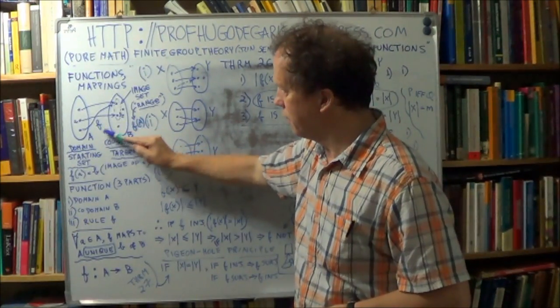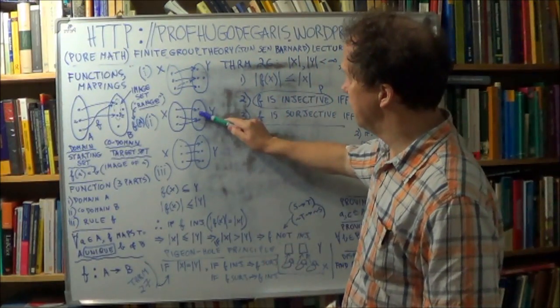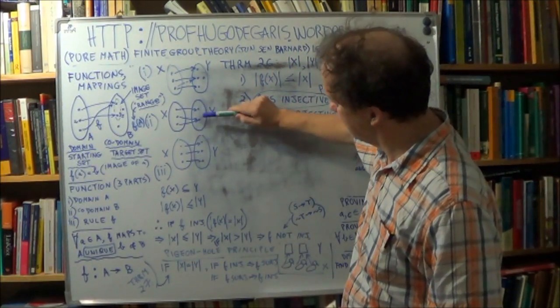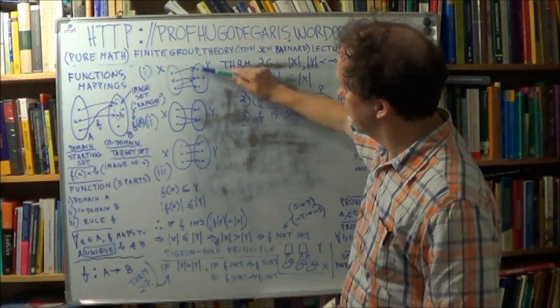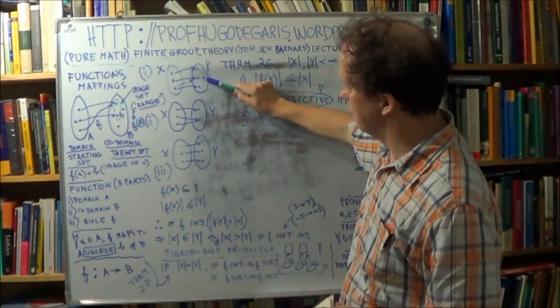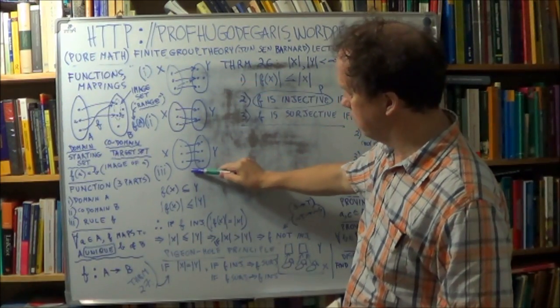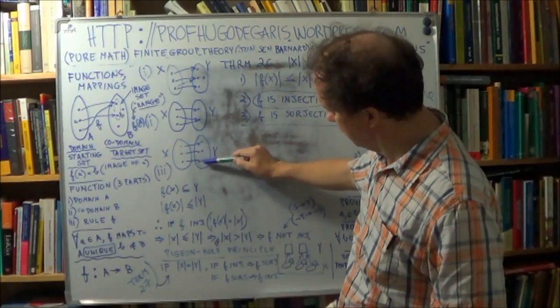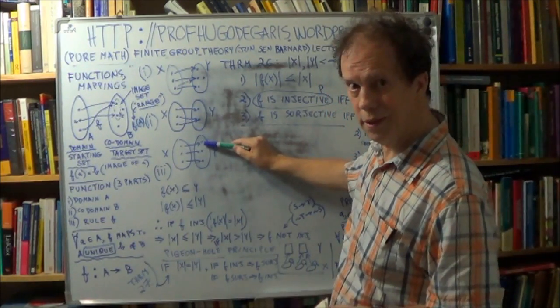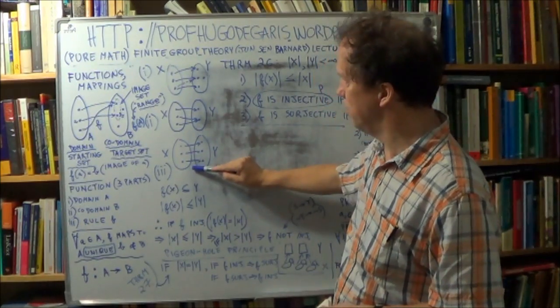That function is not surjective, whereas this one is. The function here is, because each member gets mapped. The function here is not surjective, because this one here does not get mapped. It's a loner. And what's this one? Well, each member in your target set, your codomain, does get mapped, so this is surjective.